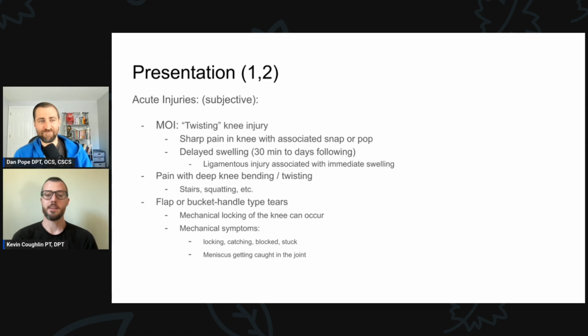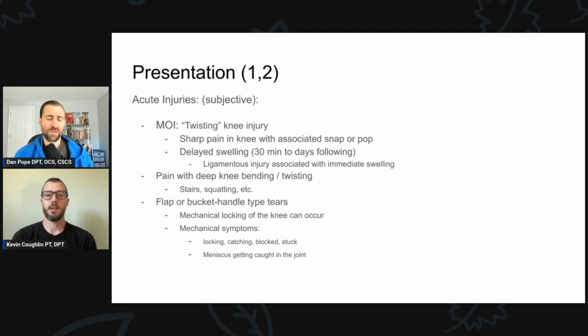Something interesting to keep in mind versus your ligamentous injuries, where you tend to see swelling a little bit more quickly. But again, keep in mind this type of mechanism can lead to multiple injuries in the knee. We could have a meniscal injury, we could also have a ligament injury like your ACL. So that's not a dead giveaway, but something to ask the patient about. When did you first notice the swelling? What activities did they have pain with?